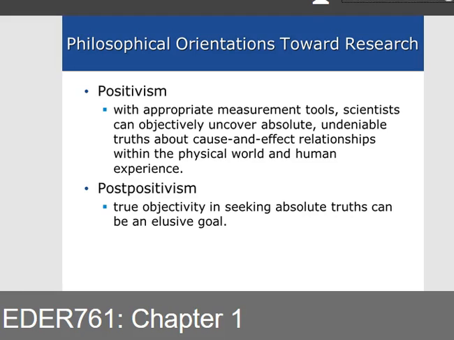It's a little bit more tentative, and true objectivity in seeking absolute truths can be a slightly elusive goal. So it's taking into account that there's some subjectivity at play, and we need to make a conscious effort to systematize and operationalize all of our variables so that there's understanding between researchers of what it is that we are measuring.